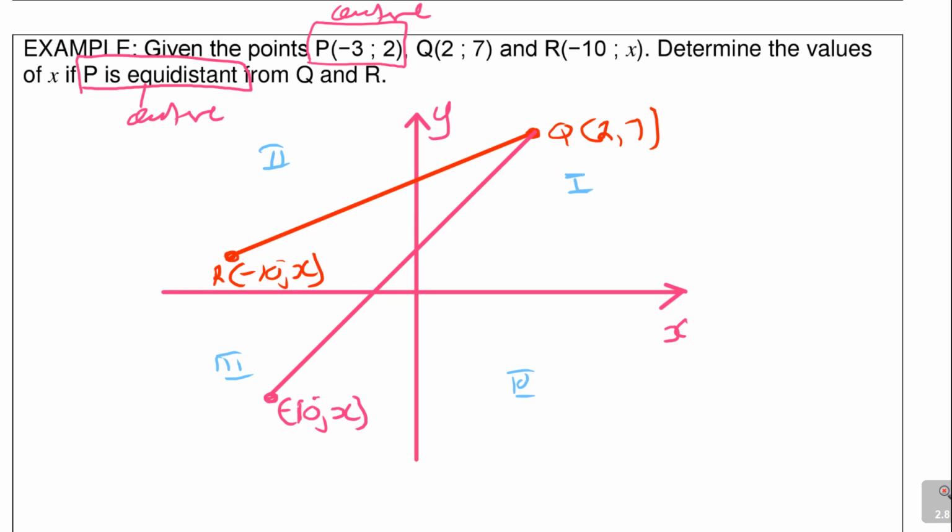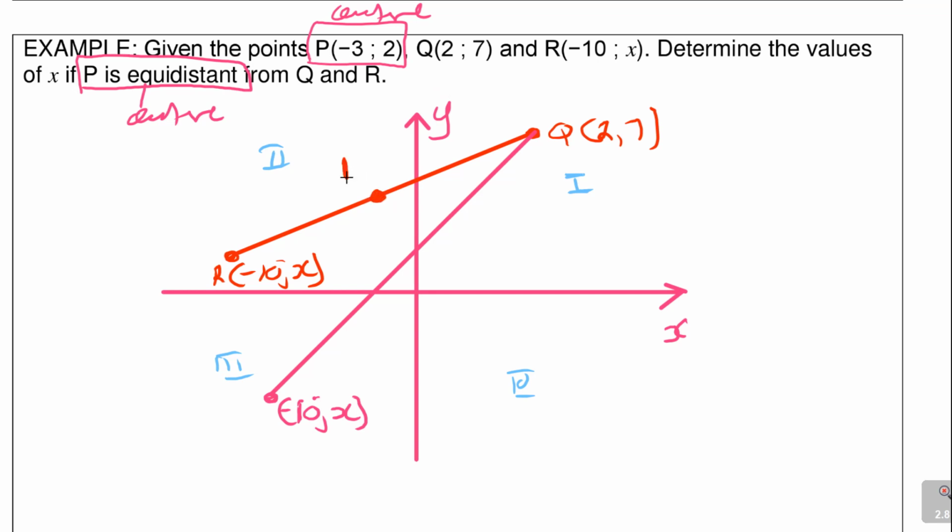So the question is which one is which, but what we know is P, our P guy, is at the center of all this. So where is our P? P is (-3, 2), somewhere here.